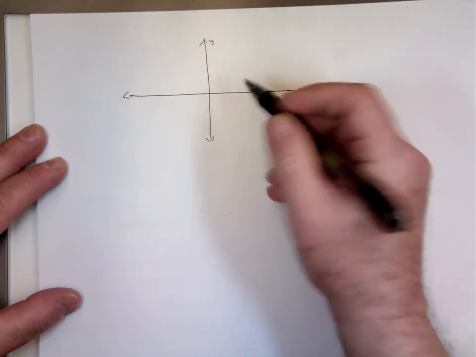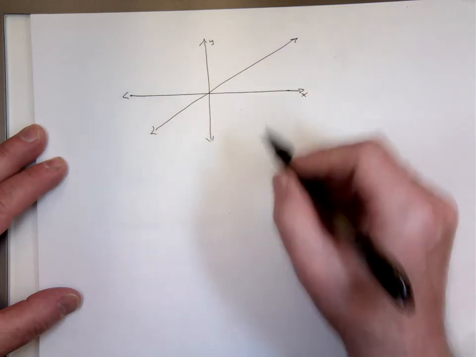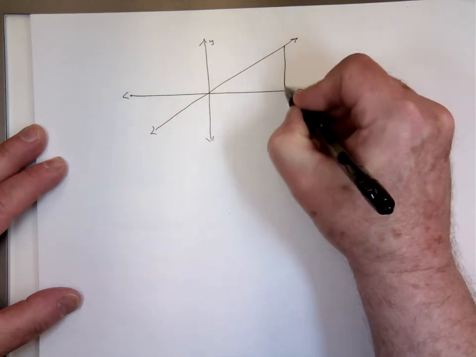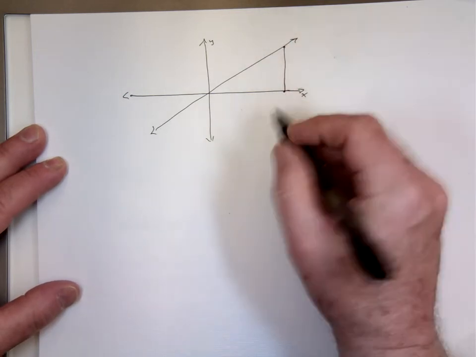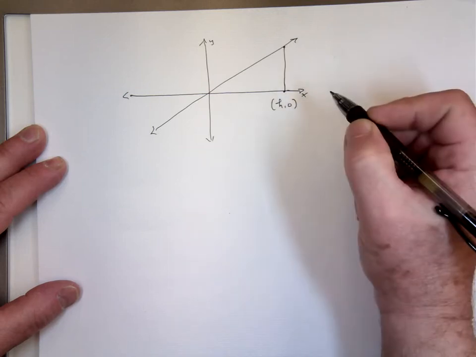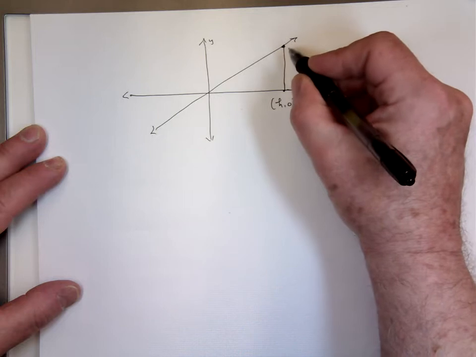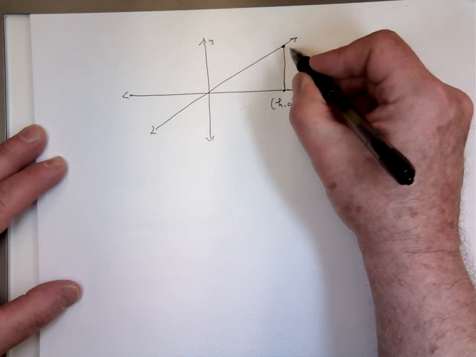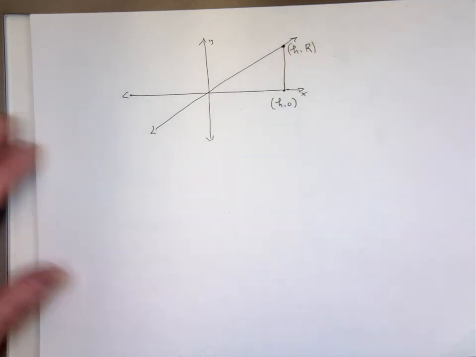Let's suppose we have a line, and let us suppose that this is the point (0, 0), and this is the point (h, R). I'm going to use a capital letter for R. The capital letter for R means that's a constant.